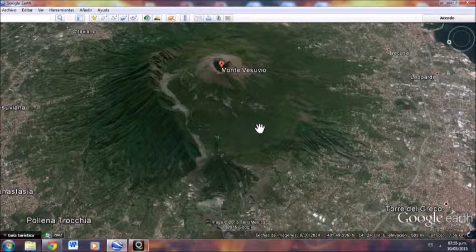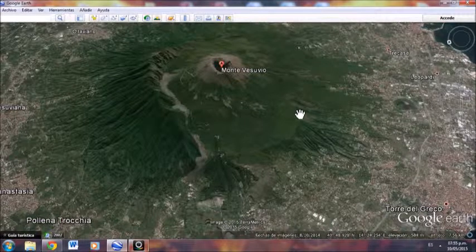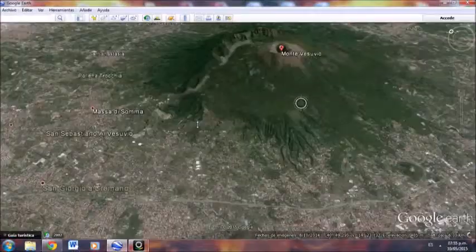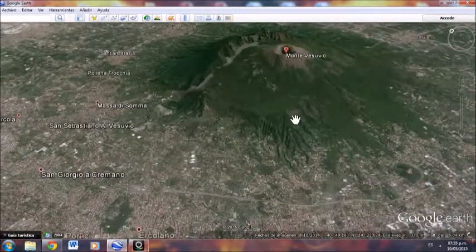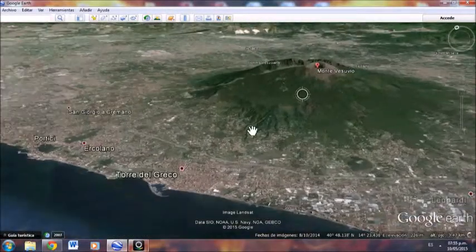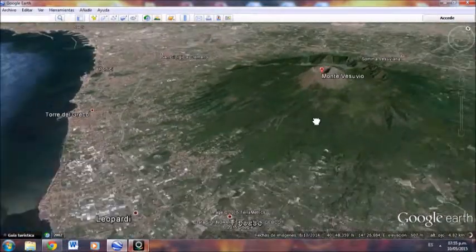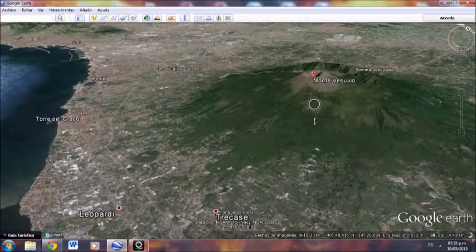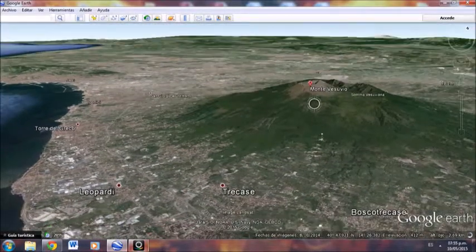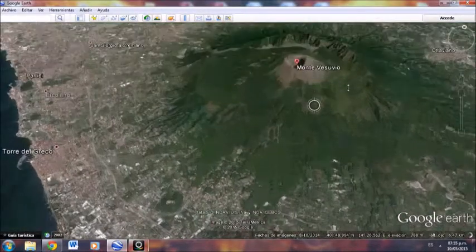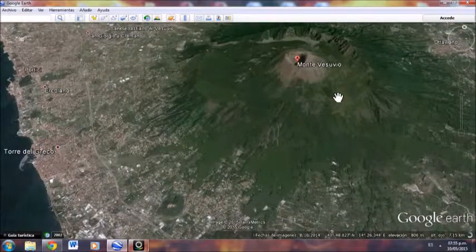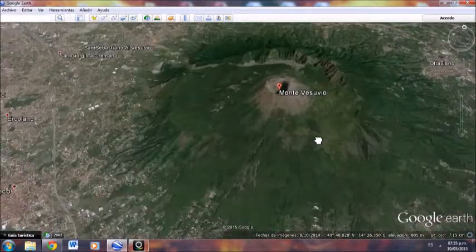The name comes from a guy that lived here in Pompeii. He left the city when the volcano was erupting, and in his memory this type of eruptions are called Plinian eruptions because his name was Pliny.